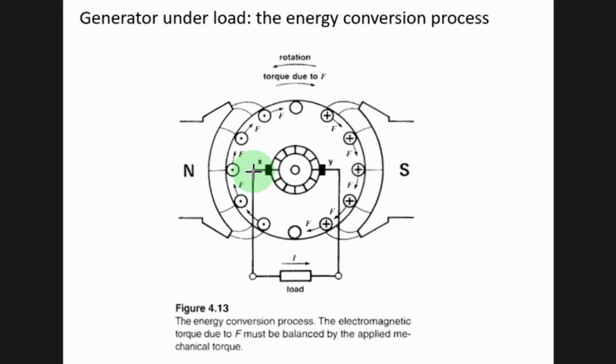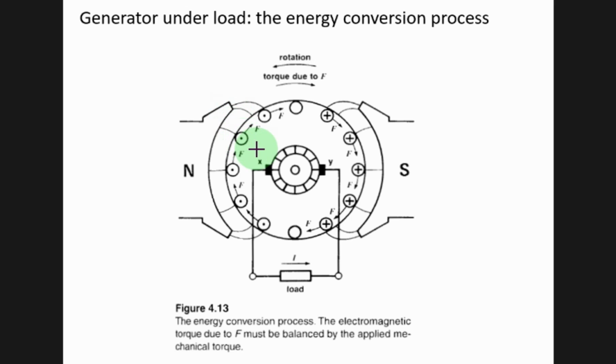At no load this current is ideally zero, but there will be a very small current going through the armature coils. But now as there is a current going through the coils, and current carrying conductors are moving in a magnetic field, there will be a Lorentz force applied on each conductor.